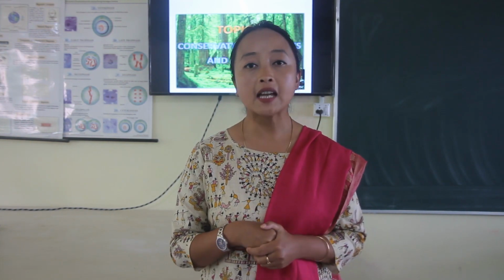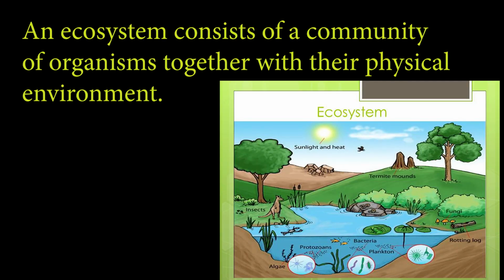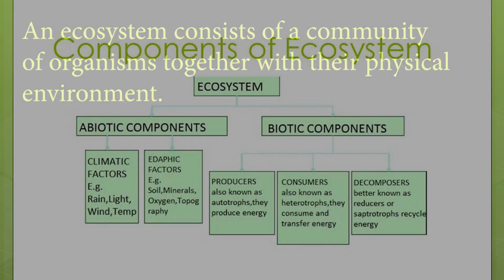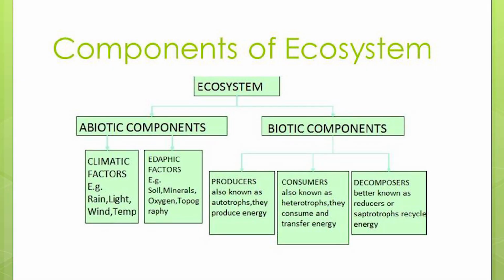Now, let us devise the definition of ecosystem together. An ecosystem consists of a community of organisms together with their physical environment. Please take a closer look at the screen that will summarize what we just discussed.